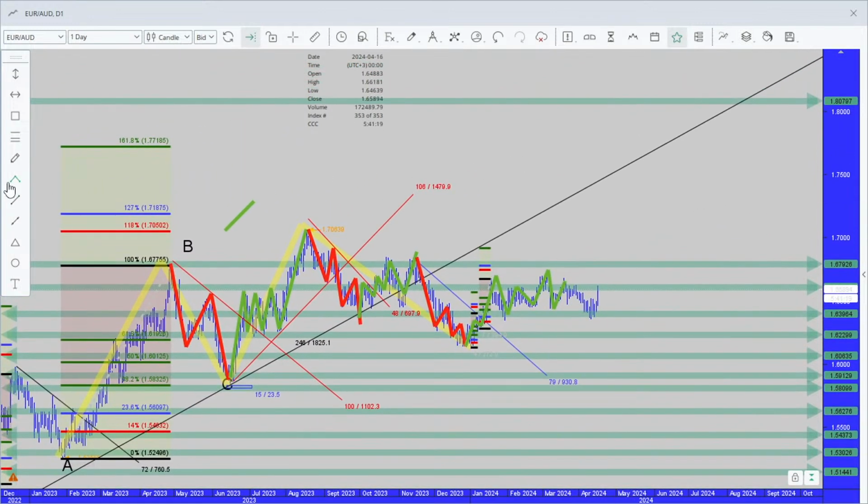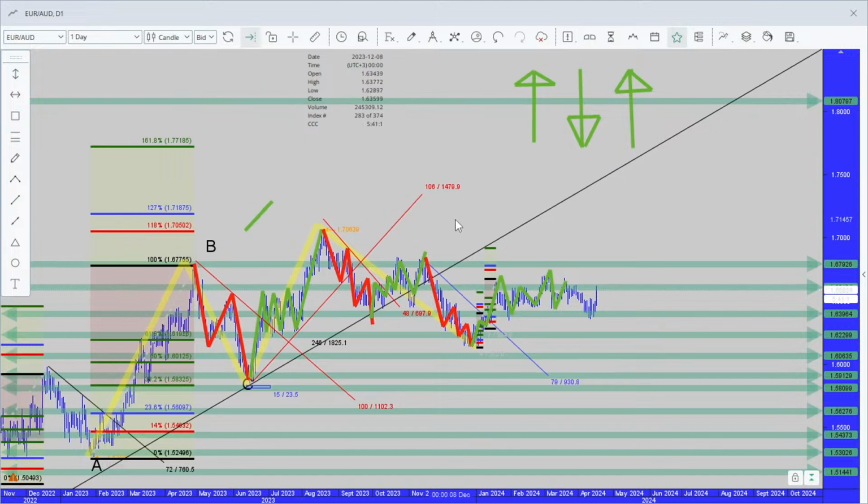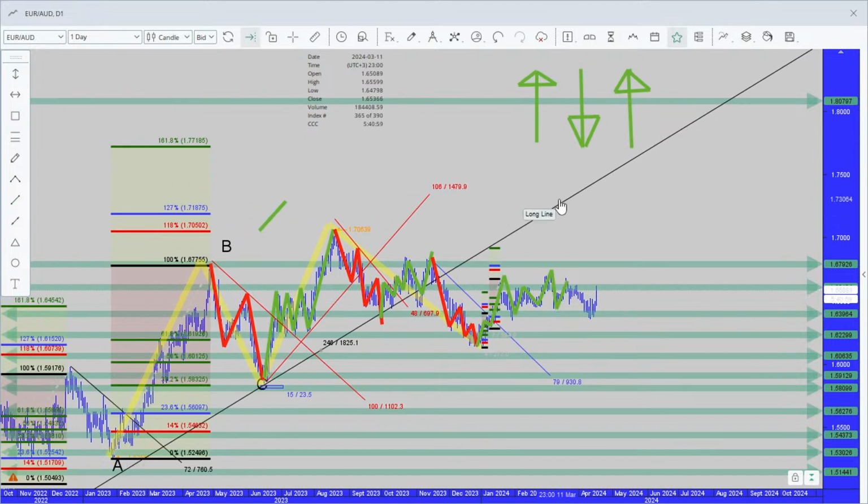So alignment: monthly original Fibonacci is up, weekly original Fibonacci is down, daily original Fibonacci is up, right? Let's see how smart you are, everybody, to have a greater chance of winning.